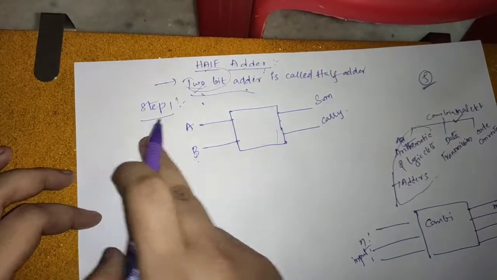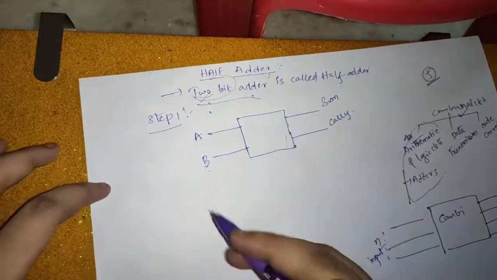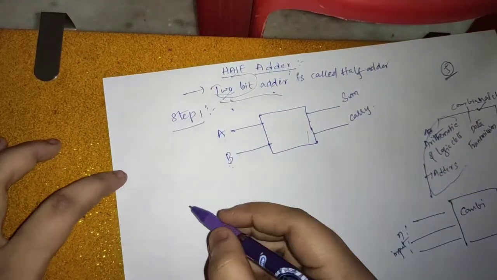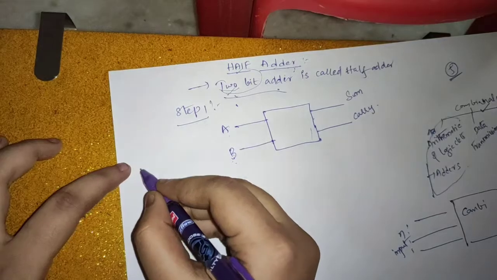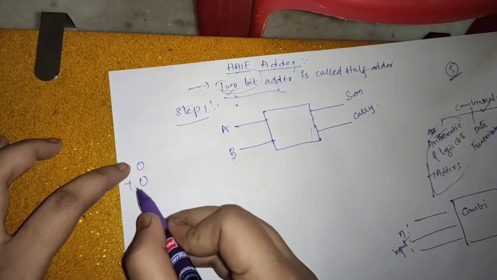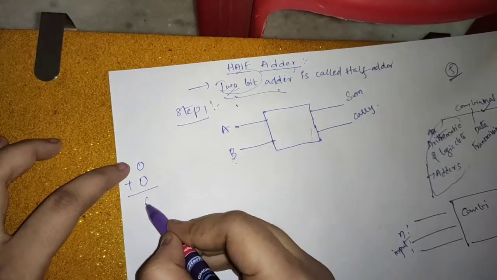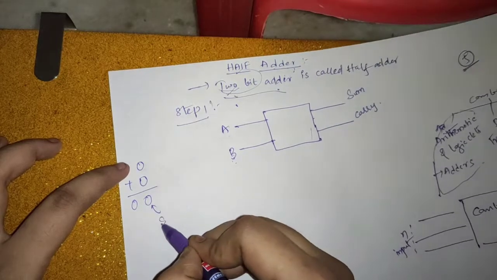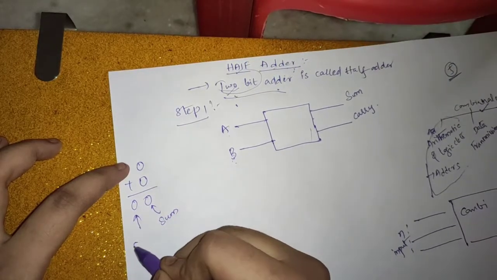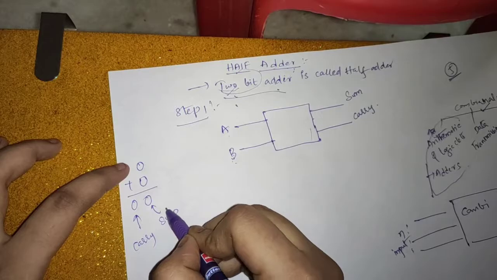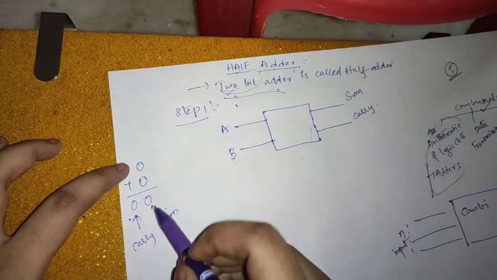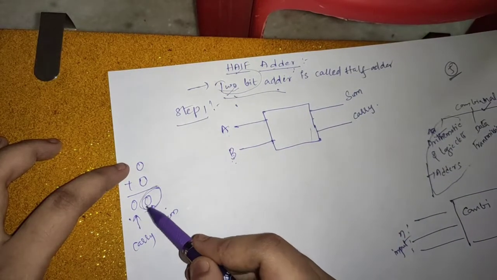Before going into this, what is 2-bit addition? If we add 0 plus 0, what will we get? 0 plus 0 is 0 0. This is the sum and this is the carry.